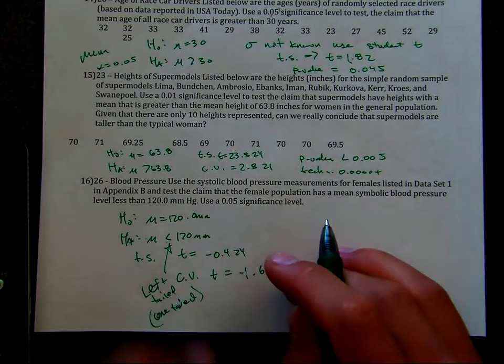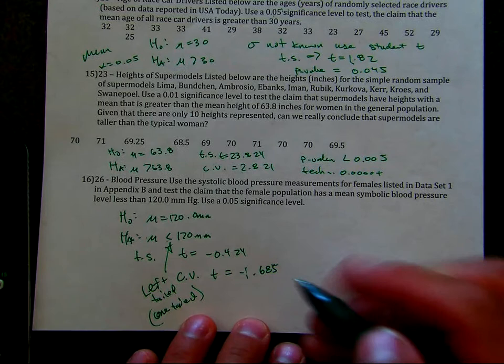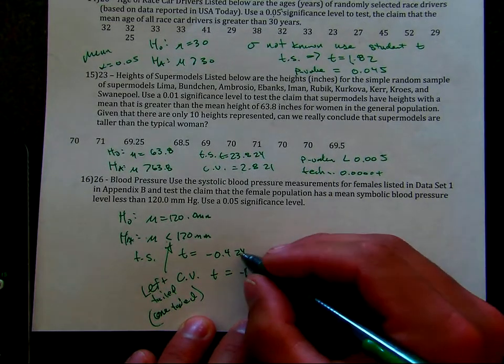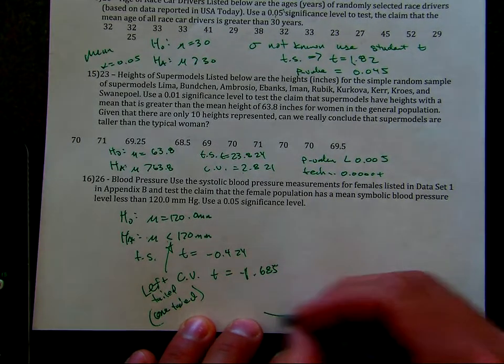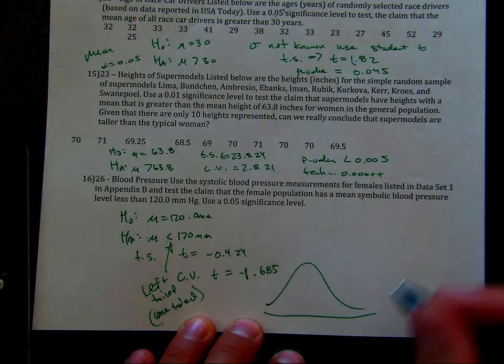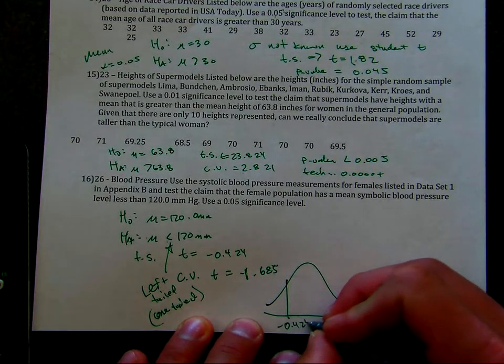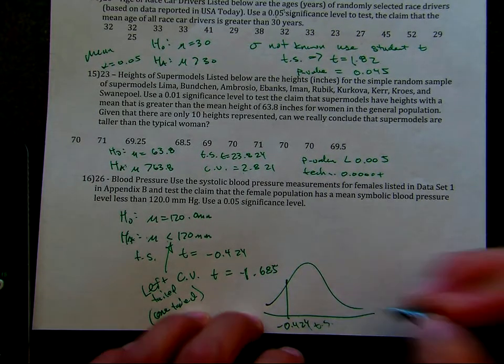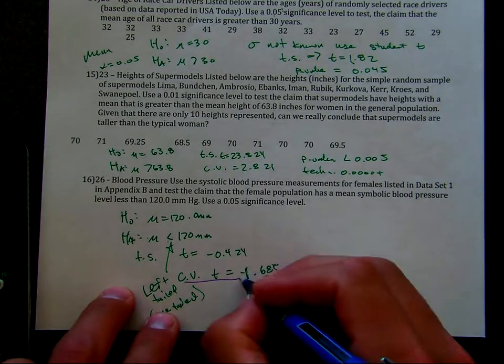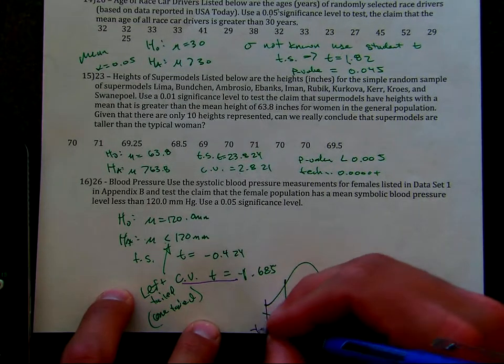If we're comparing those two, you'd find that your test statistic is here, negative 0.424, and your critical value lies right here, negative 1.685, which means this is your rejection region right over here, so your test statistic is in the fail to reject region.